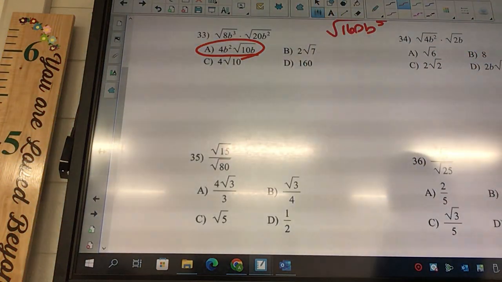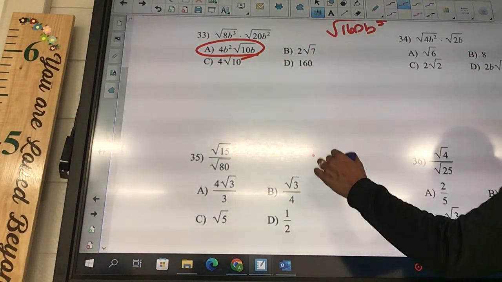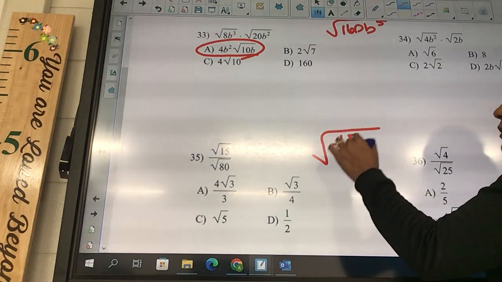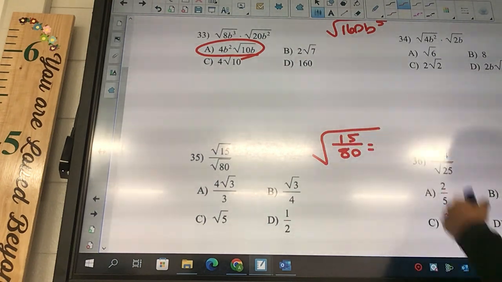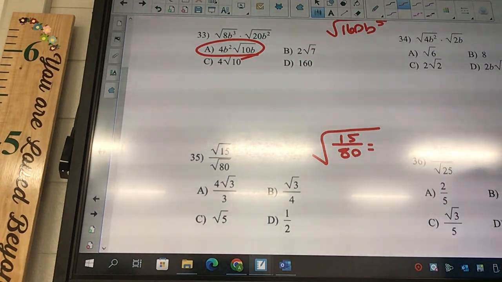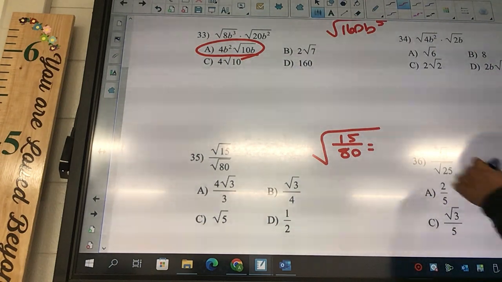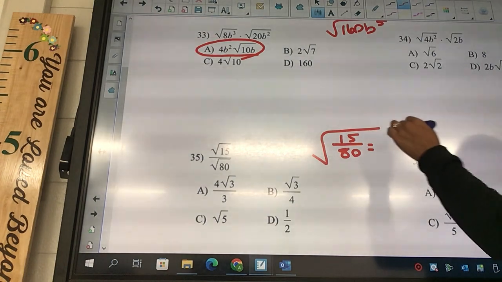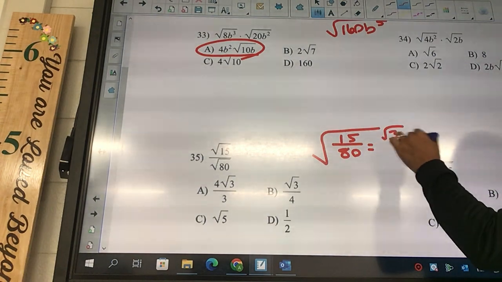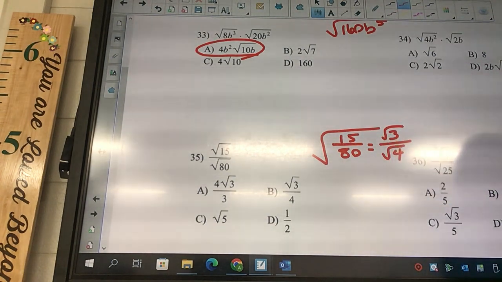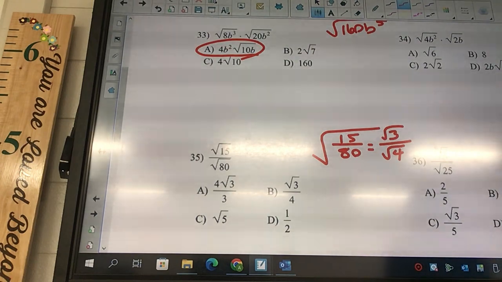Okay, 35, we got 15 over 80. So you're going to put these together. What is 15 over 80 simplified to? Type that in as a fraction. Three over what? Okay, so it's going to be square root 3 over square root 4. A square root of 3 does not simplify, but a square root of 4 does.